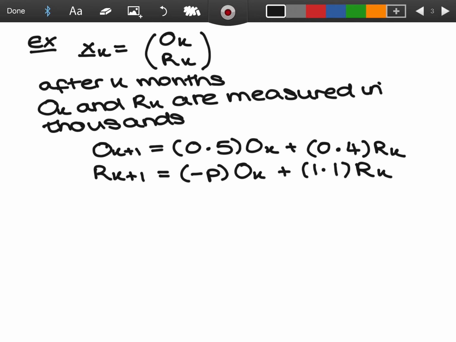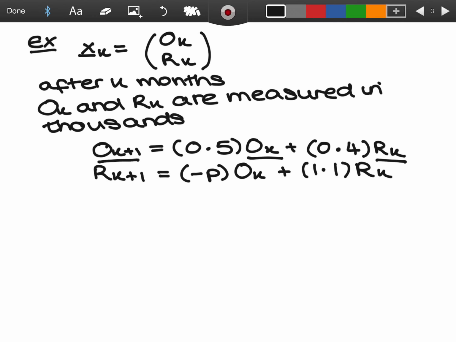So you're at month K, you have a certain owl population and a certain rat population. To determine what happens to the owls at the next month, so at month K plus 1, you're going to take this month's owl population and multiply it by 0.5, and this month's rat population and multiply it by 0.4.